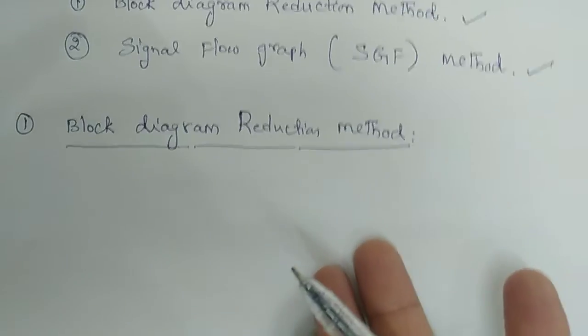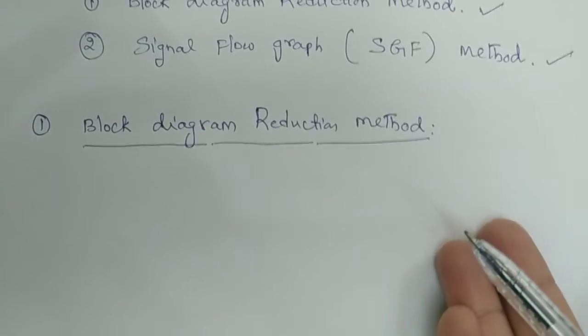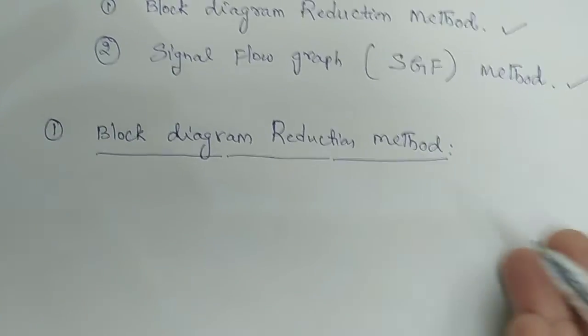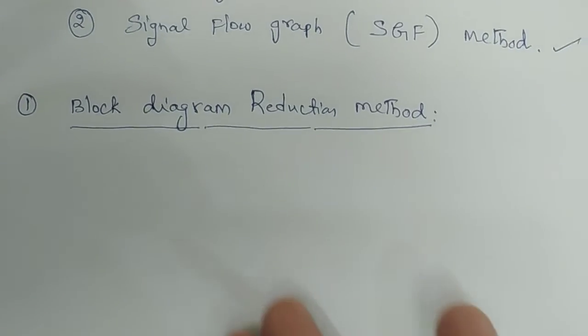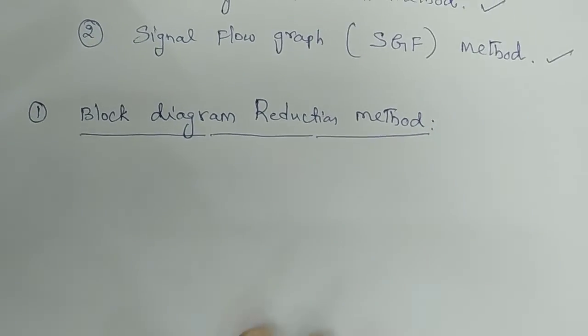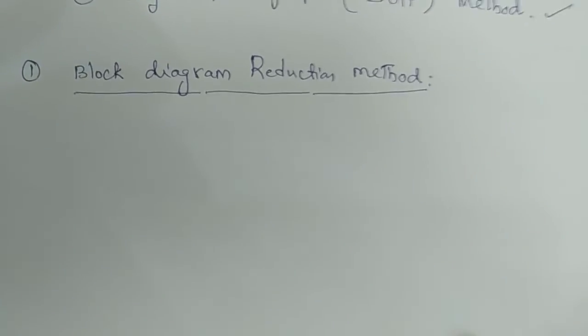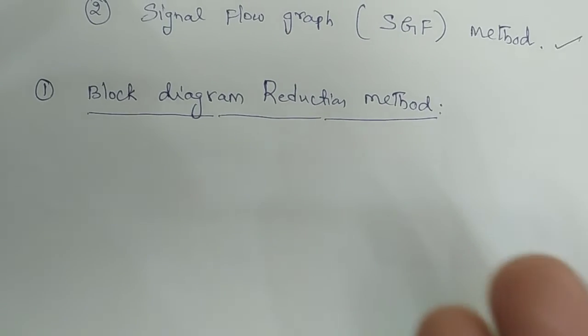But in a problem, it could be any number of gains, not necessarily one. It could be G1, G2, G3, G4, or any number of gains. Similarly, in the feedback element also there could be many blocks. Therefore, the blocks will be more.